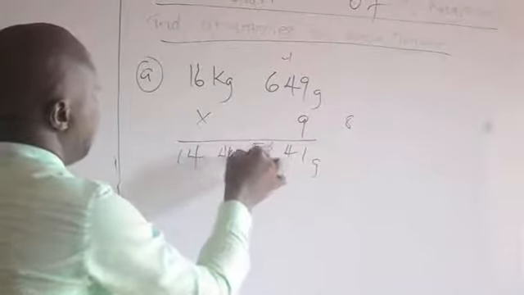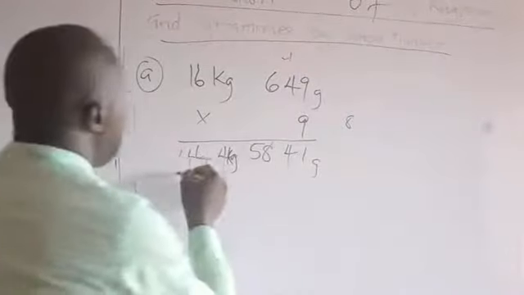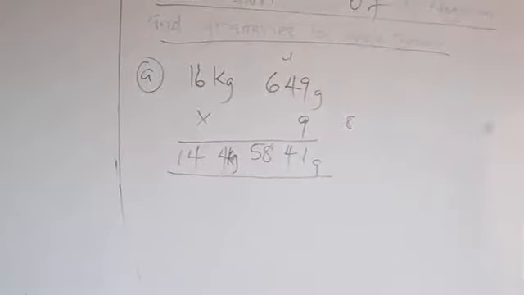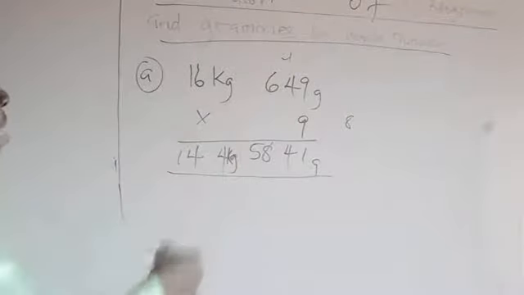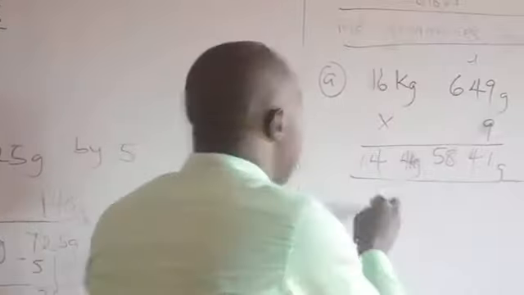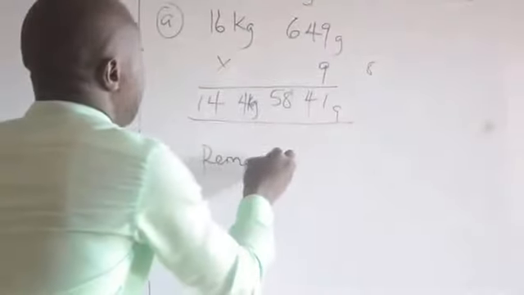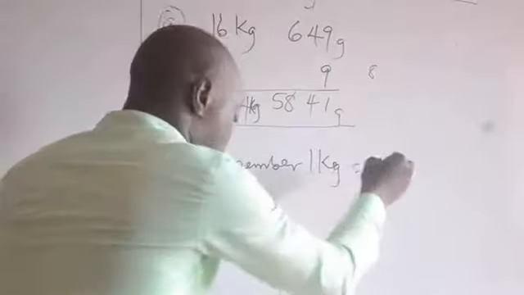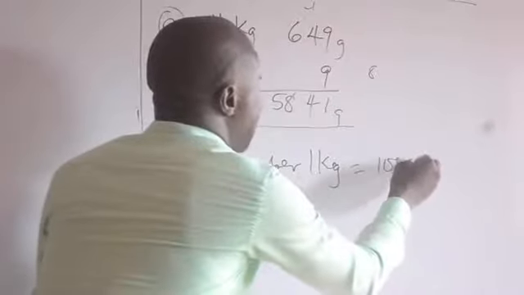So we have 144 kilogram, 5,841 gram. So let's remember that 1 kilogram is equivalent to 1,000 gram.